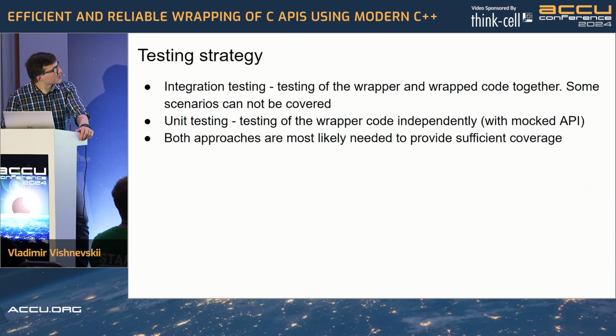Most likely, to provide sufficient coverage, both approaches will be required. But if integration testing is quite simple, unit testing of code that is dependent on C functions is a bit tricky.